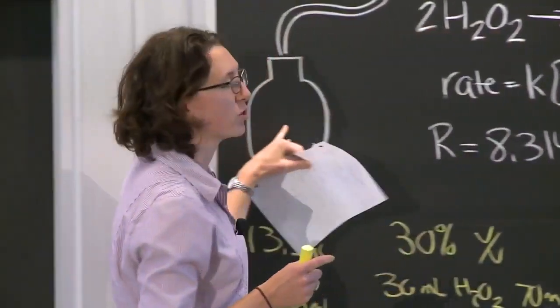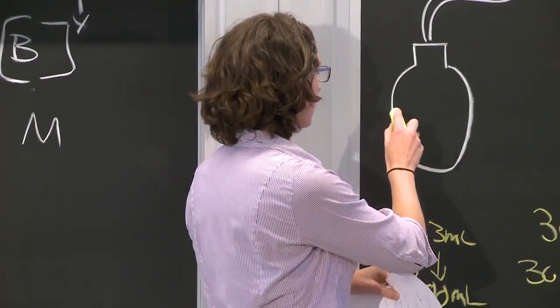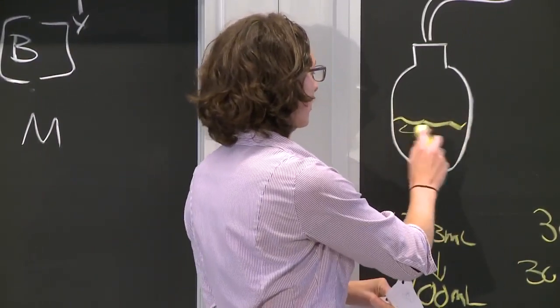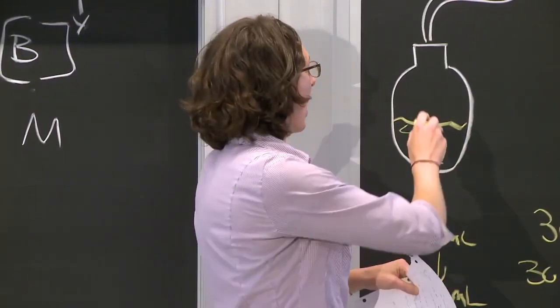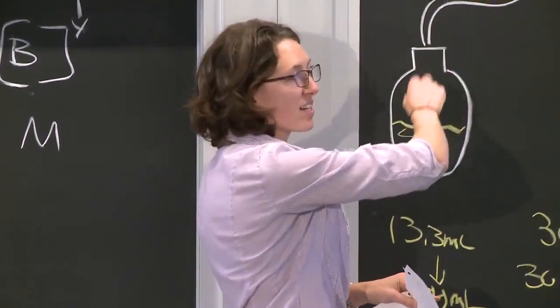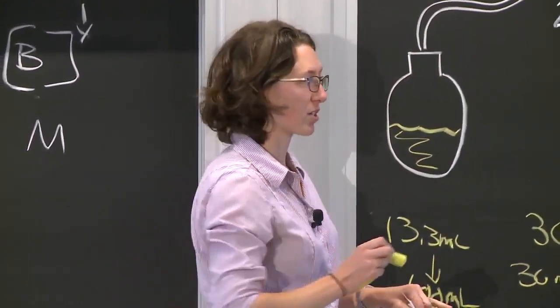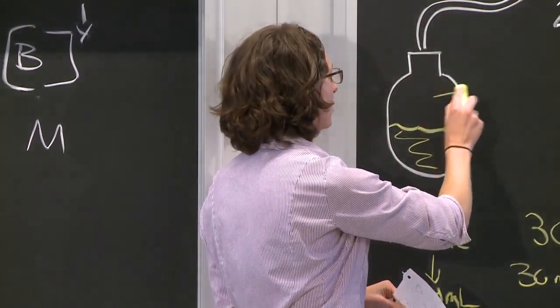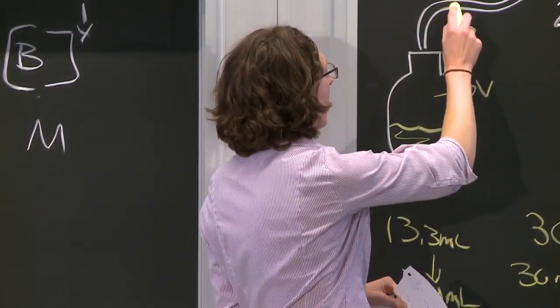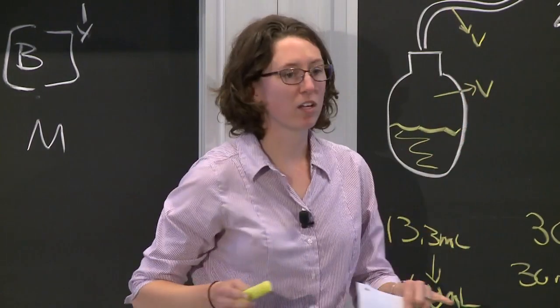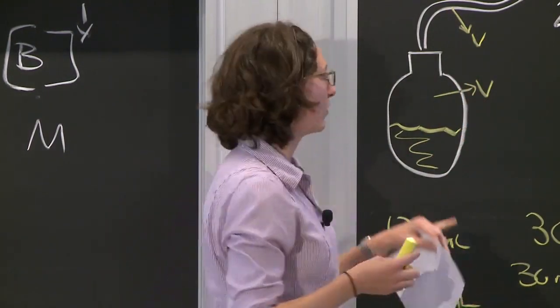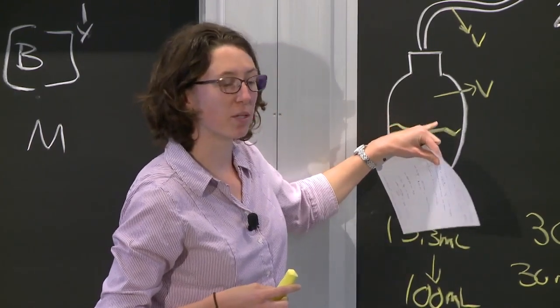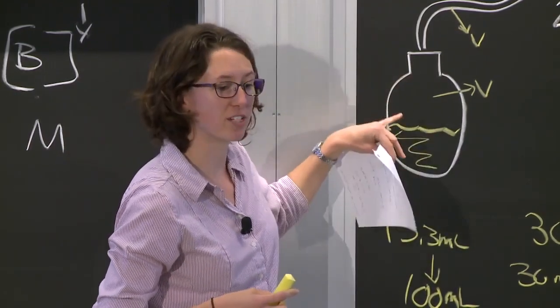And for that, we can go to our pressure tube. So some of this is going to be your solution down here, so that'll be liquid. And then we need to calculate the volume of the gas above our reaction, which is where our oxygen is going to be formed. So we'll need to know the volume of this and the volume of the pressure tube. And the volume of the pressure tube's already been measured, and we'll give that to you. And you guys are going to measure in the lab what the volume of your reaction vessel is.